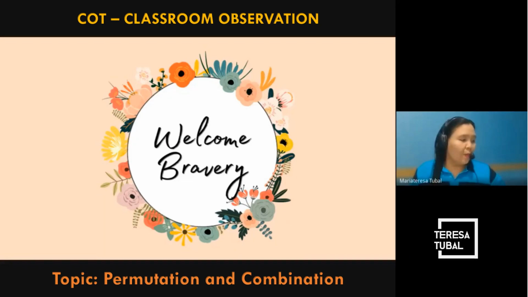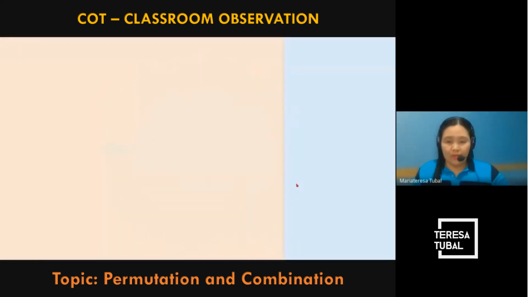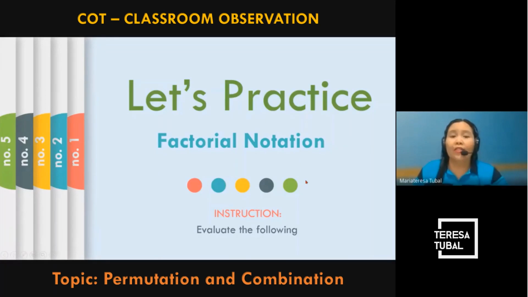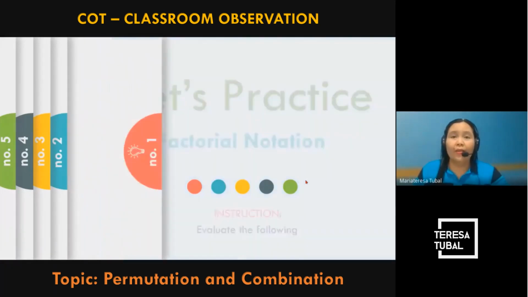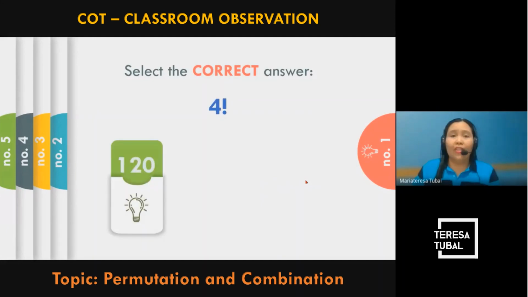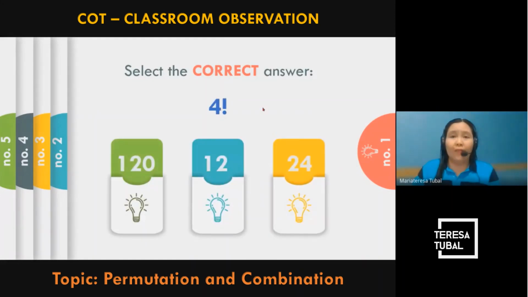So let us go back to our previous lesson about factorial notation. Let us practice what you have learned. Let us evaluate number 1. You can type your answer to the chat box or you can raise your hand. Select the correct answer. What is 4 factorial?